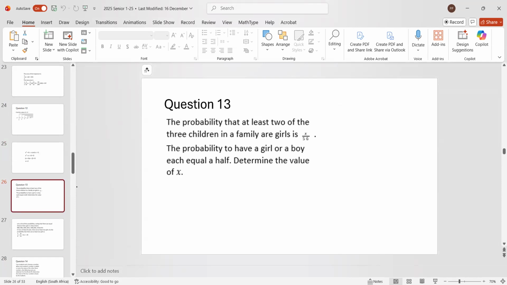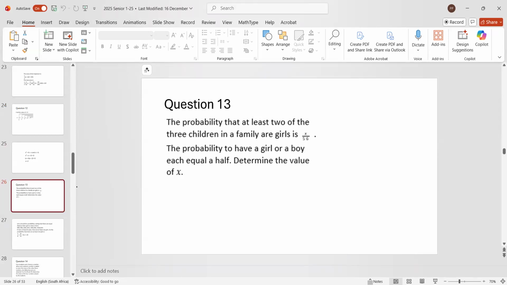The probability that at least two of the three children in a family are girls is x over 56. The probability of having a girl or a boy each equals a half.